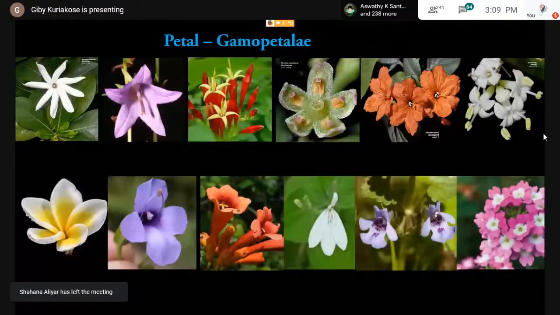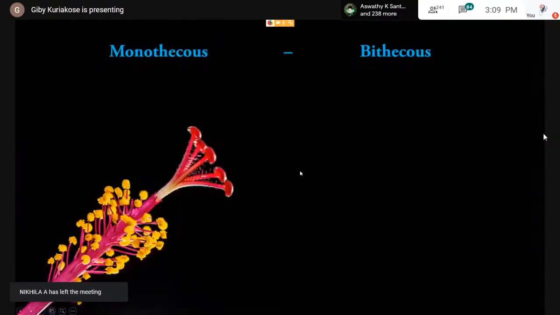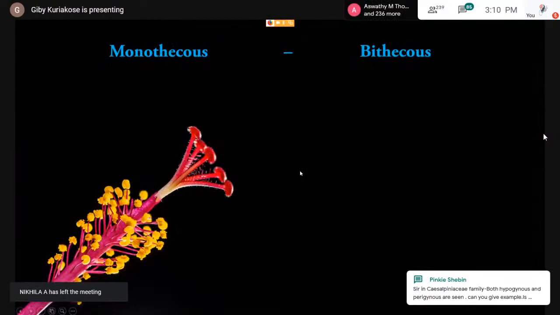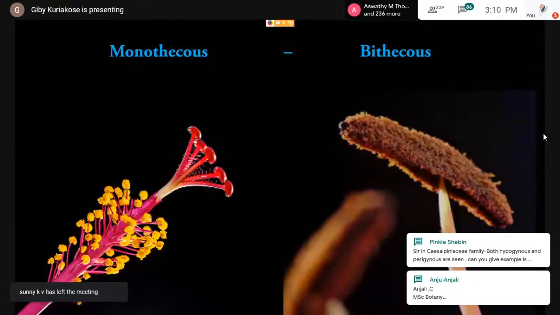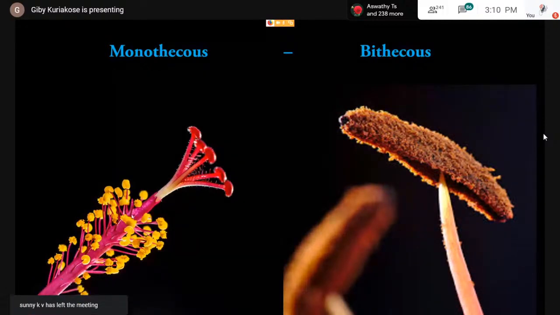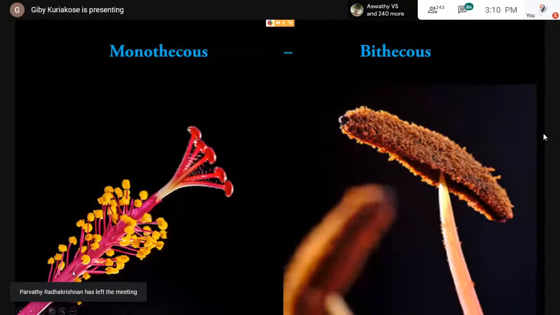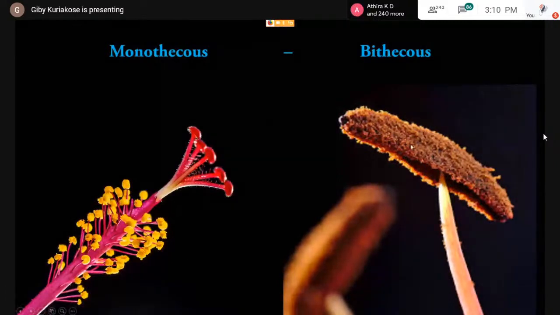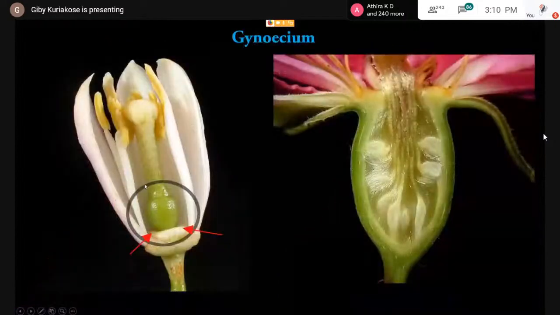So you may be able to distinguish characters specific to a family, like the general features of petals or sepals. Then there are characters related to anthers, like monothecous anther, bithecous anther, and also the nature of union of anthers, adelphous condition, or androus condition. Then the attachment of the stalk onto the stamens, things like that.